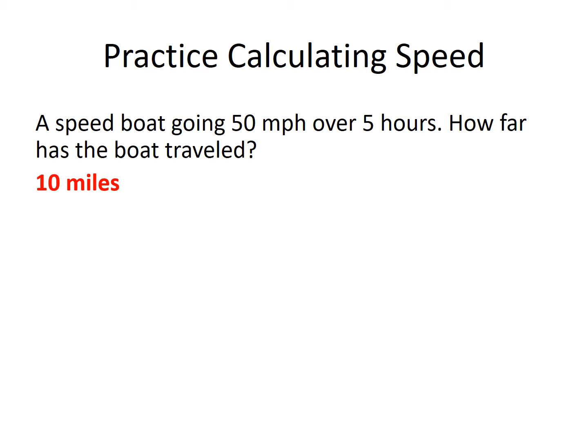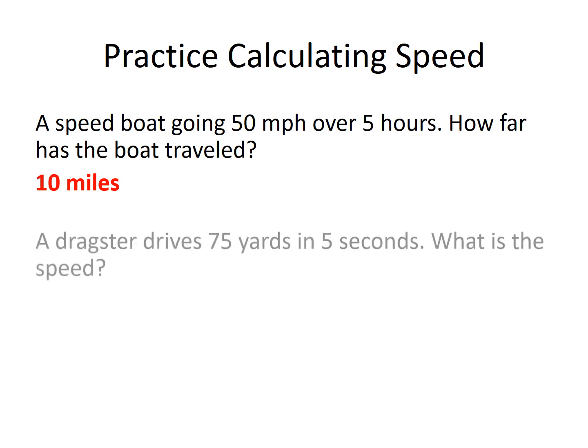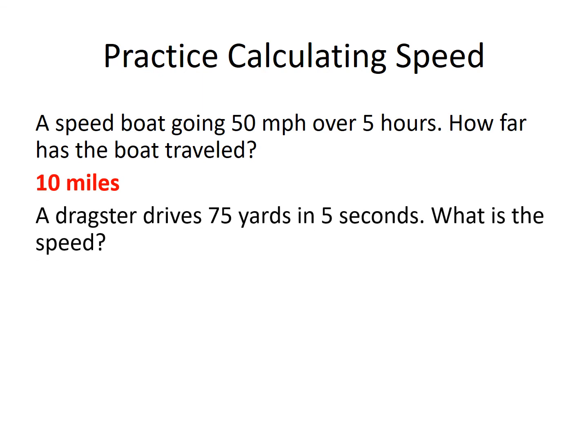So make sure you practice and manipulate your formula triangle, or if you want to manipulate the formula for algebra students, that's fine. But just make sure you're coming up with these answers as you go through and try to calculate speed. Okay, a dragster drives 75 yards in 7 seconds. So here we have yards for distance and seconds for our speed.